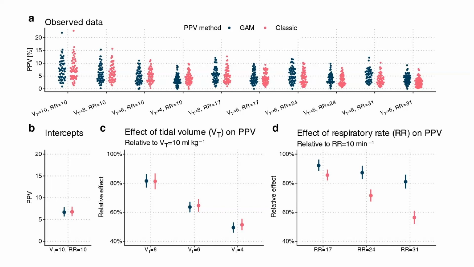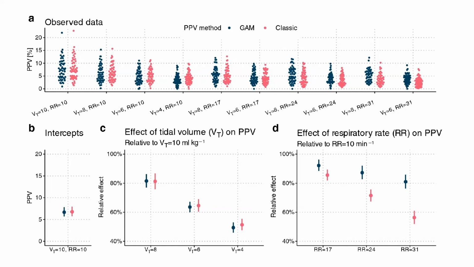And the way to understand this analysis is that for each patient, we model what is the pulse pressure at 10 milliliters per kilo and 10 respirations per minute. And then we model all other effects in relation to that.